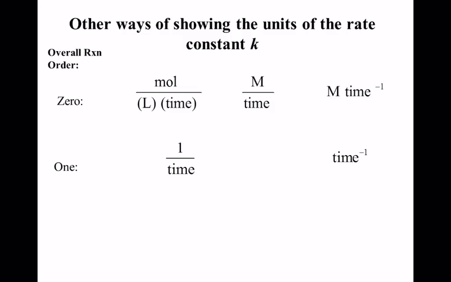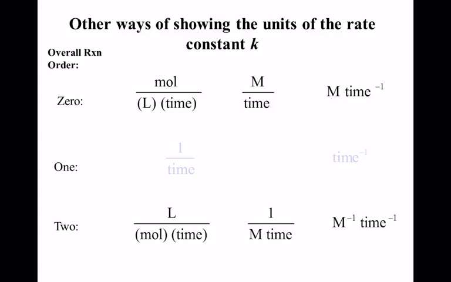And so that's molarity. So then all you have to introduce with your K is per time, and you have molarity per time for rate. And last but not least, my favorite, if it's overall second order, then you basically have to undo one of your molarities that you've introduced, in addition to introducing time. So this right here is the inverse of molarity. Moles per liter.